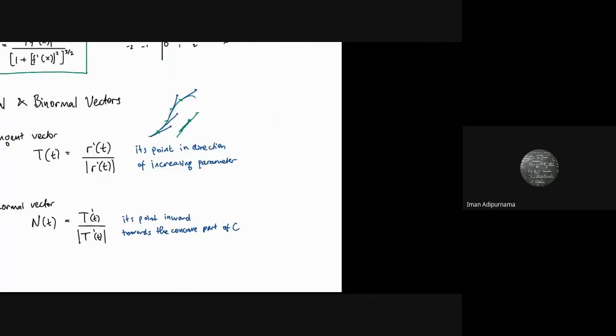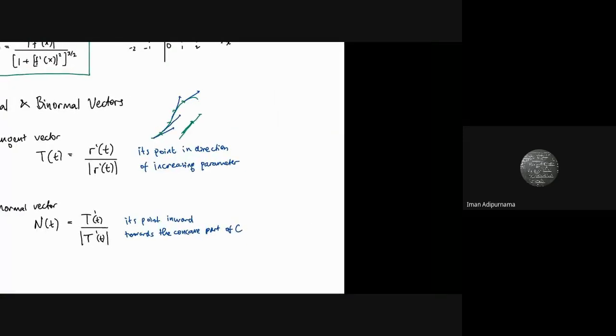Okay, so what does it mean? Let's say this is the curve C, and if this is T, the normal is the one that is orthogonal to T. So if this is T, this will be the normal.